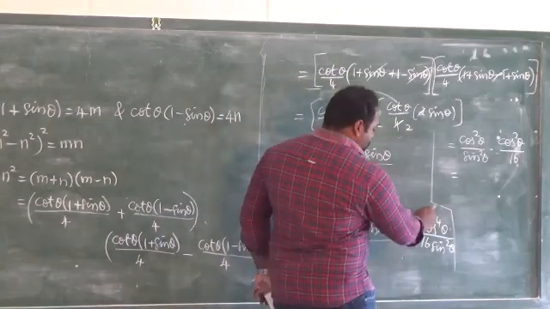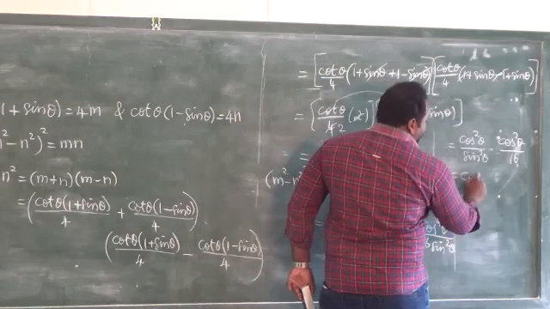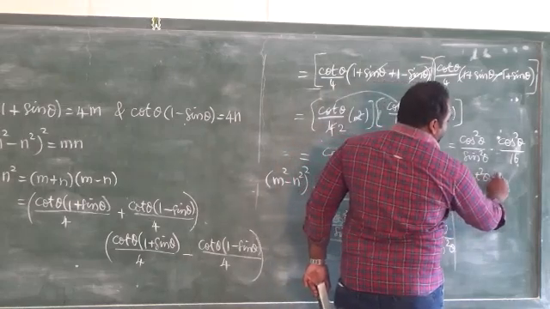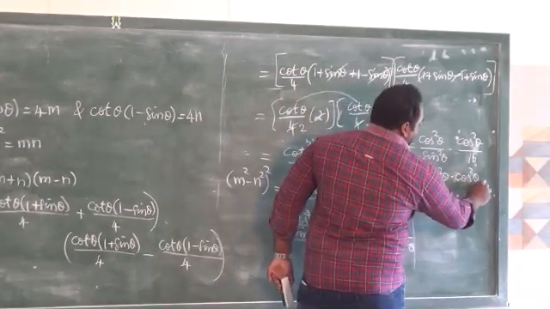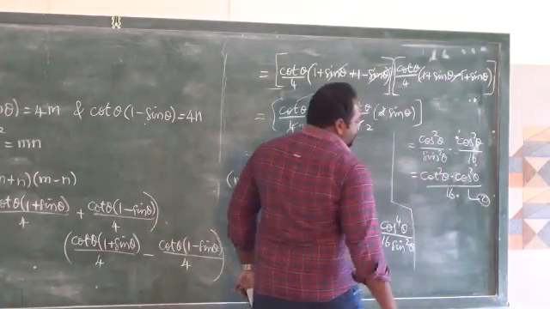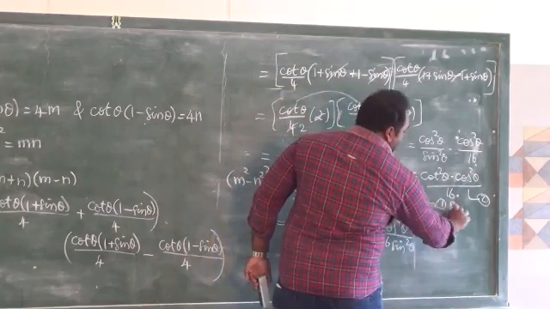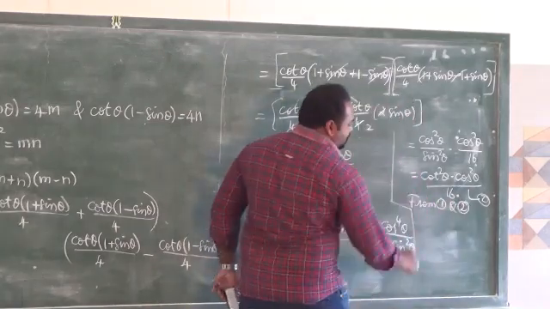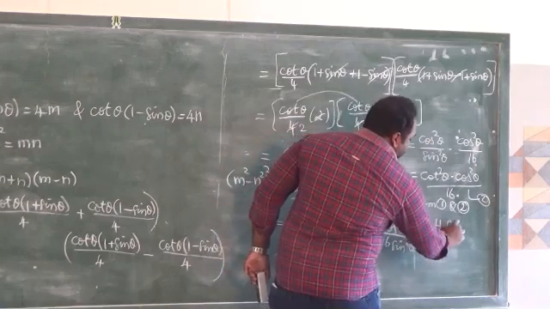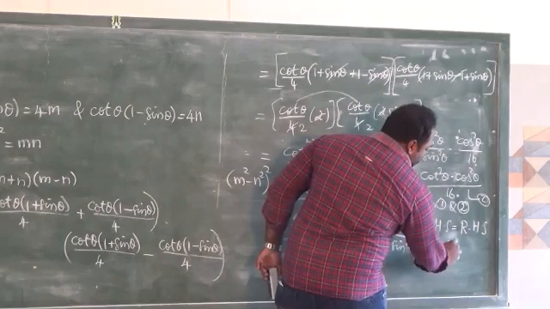So here cos square theta by sin square theta will be cot square theta into cos square theta, whole divided by 16. So from 1 and 2 we can say LHS equals RHS, hence proved.